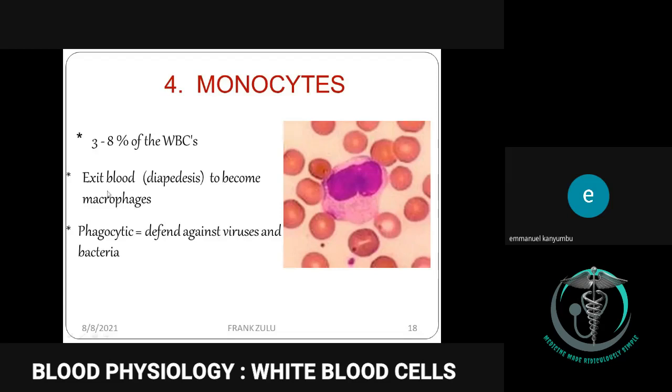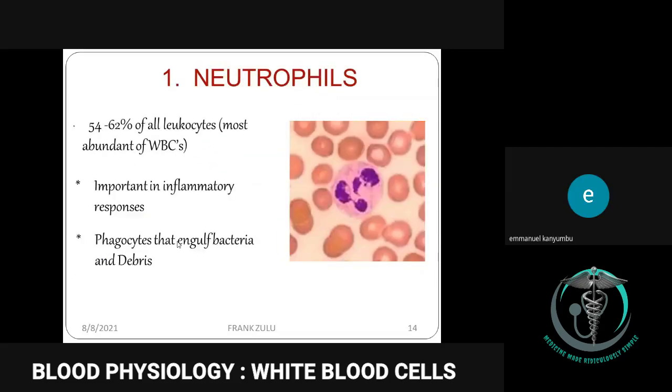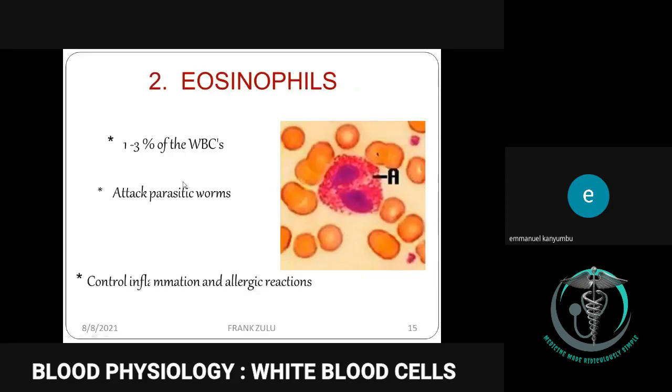The macrophages and the neutrophils are responsible for phagocytic potential. The eosinophils are also important for phagocytosis. Remember, we said that the neutrophils phagocytose bacteria, the eosinophils attack the parasitic worms, but they also undergo phagocytosis.